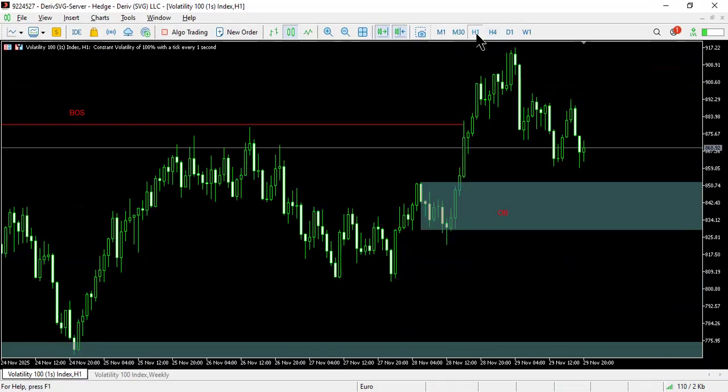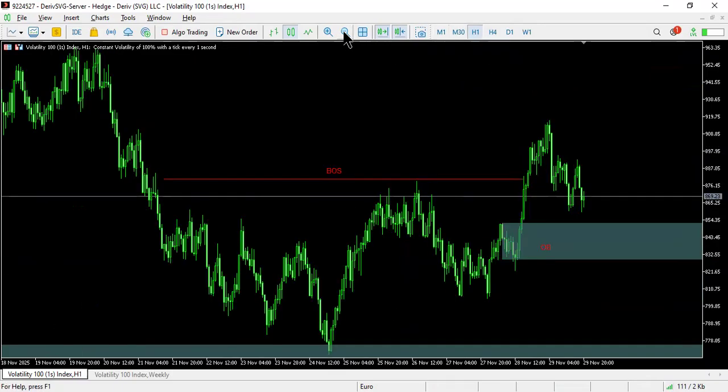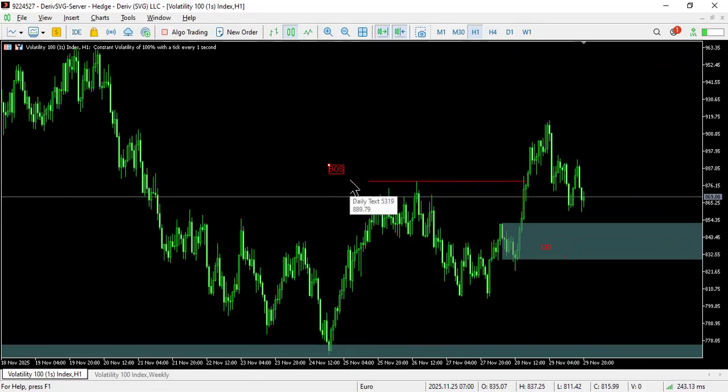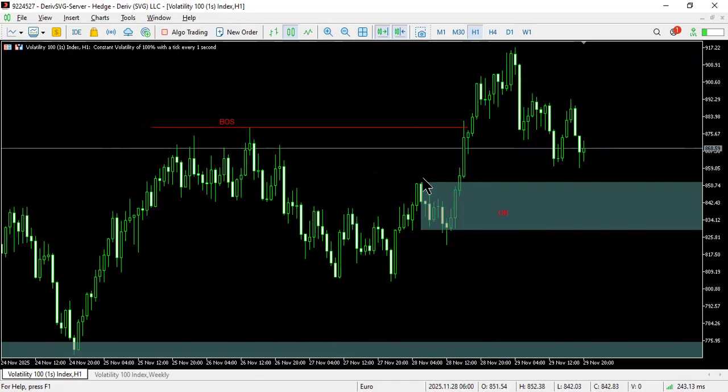And then if we go to the 1 hour, from the 1 hour we can adjust the break of structure to the 1 hour, and then the order block also.